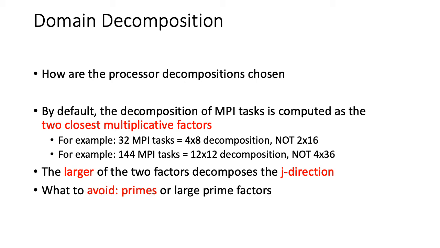It's important to avoid prime numbers or composite numbers that have large prime factors. For example, 61 is a prime number. 122 is a composite number that has a large prime factor.